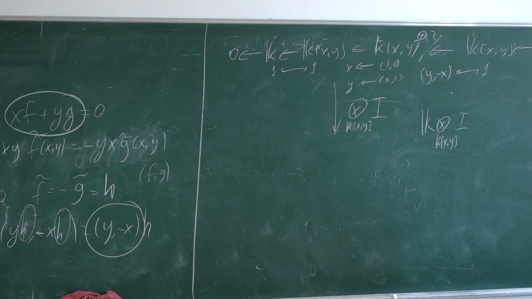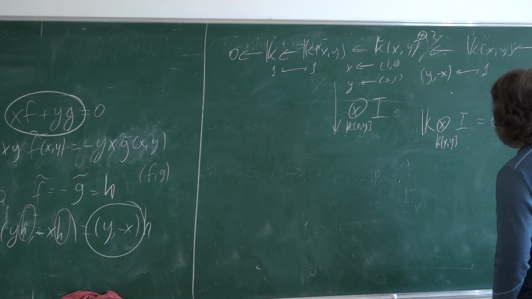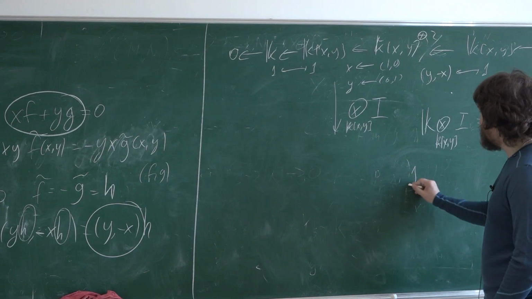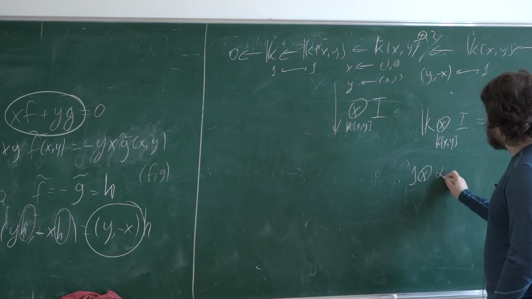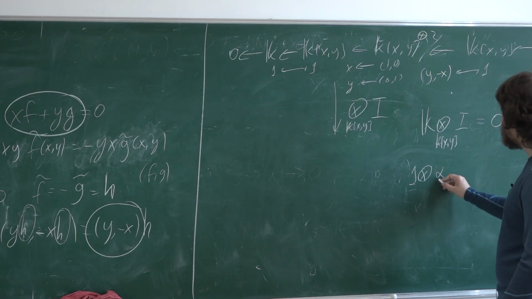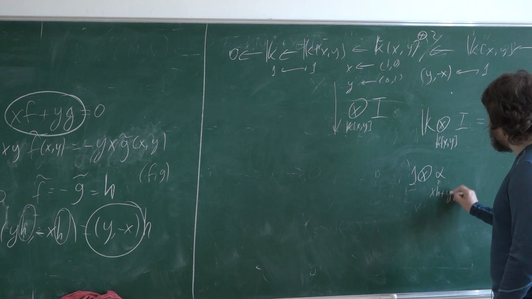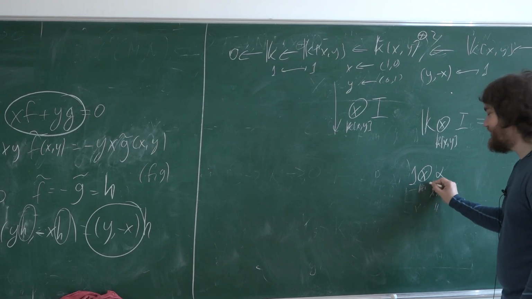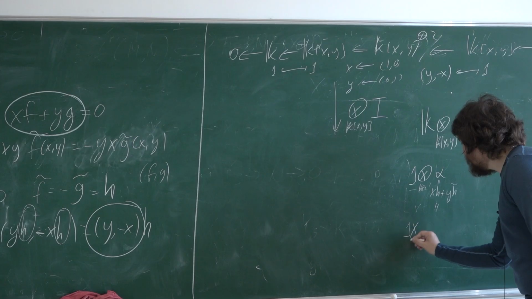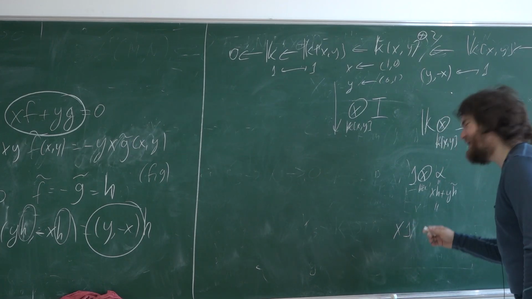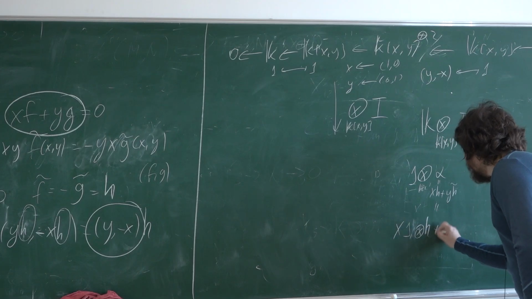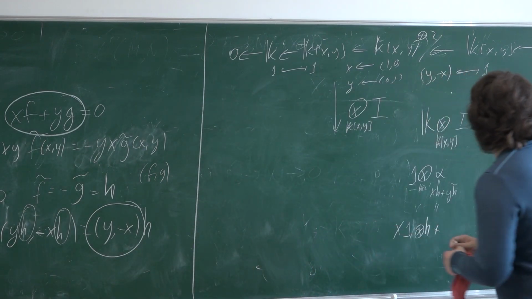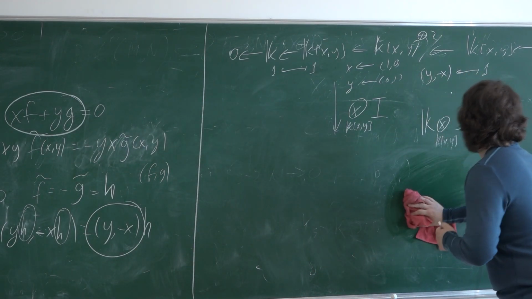It's 0, because any element from the ideal has the form x something plus y something. Phew, it's not true. Sorry. It's not 0.